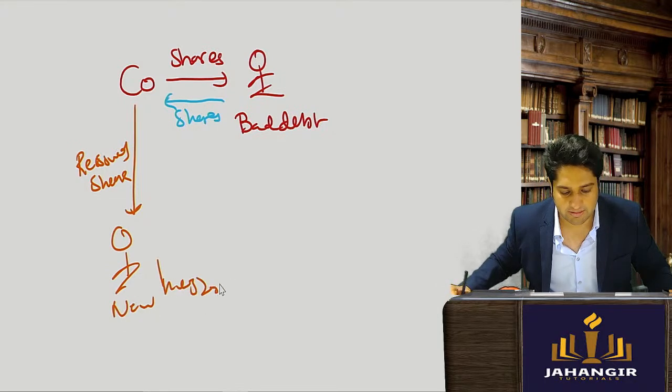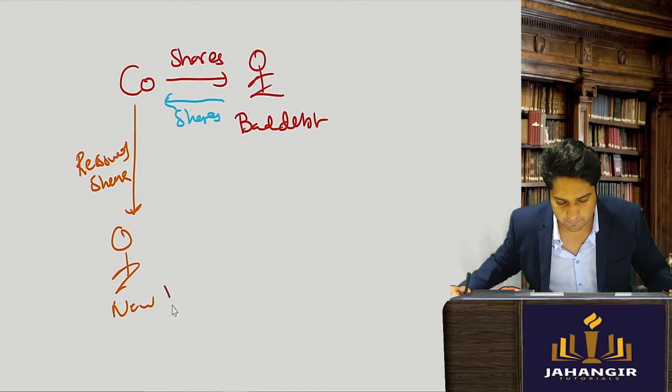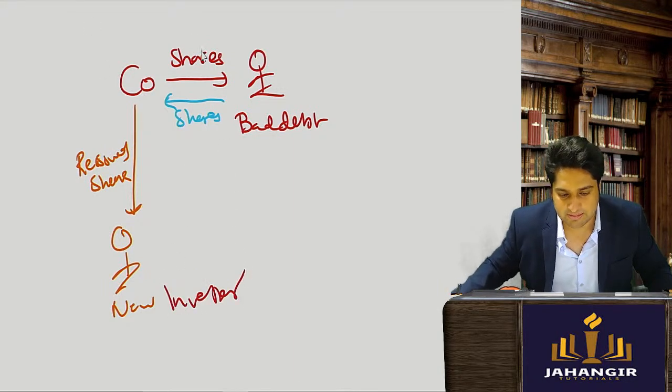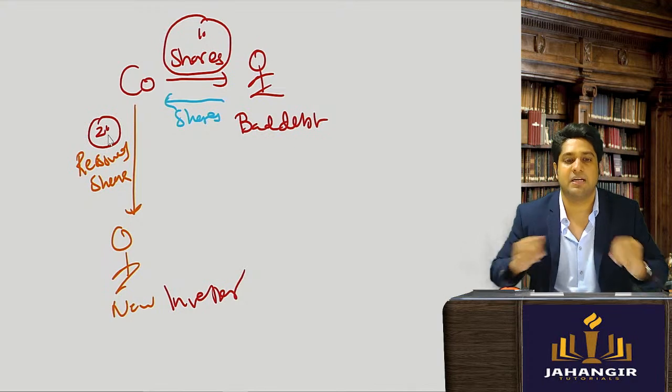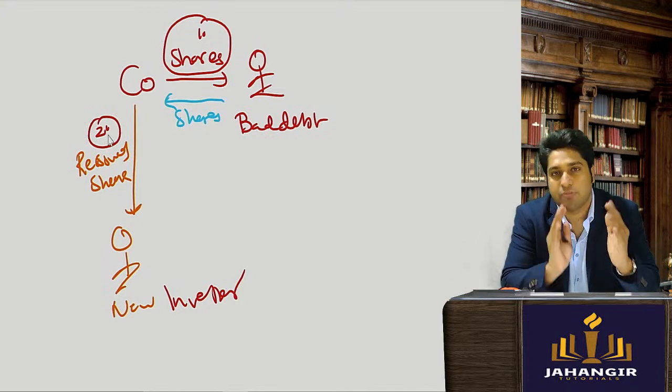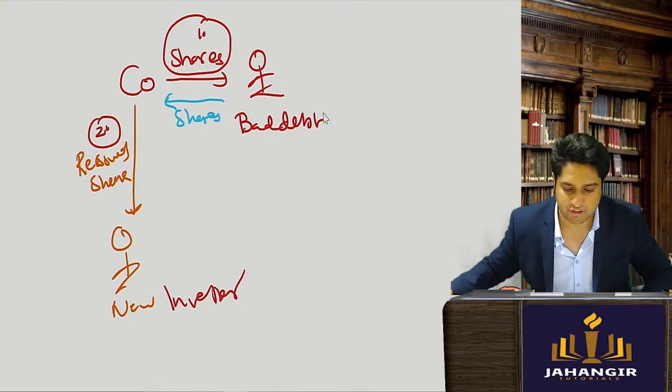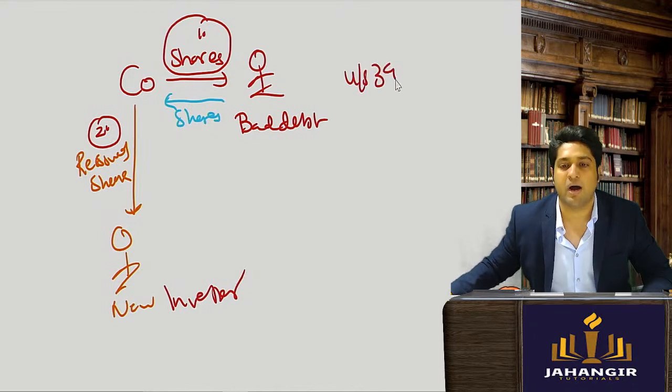Tell me one thing, can this be called as allotment? This was an issue of shares. Can this second scenario be considered as allotment of shares under section 39? Now why is it important?